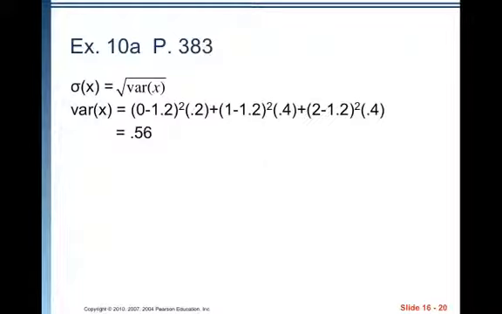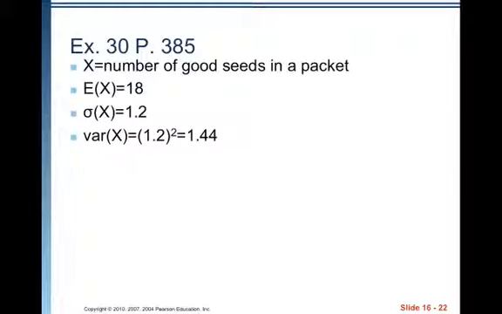So we'll have (0 minus 1.2) squared times 0.2, plus (1 minus 1.2) squared times 0.4, plus (2 minus 1.2) squared times 0.4, and that adds up to be 0.56. So that's the variance, so we need to take the square root, and that's going to be about 0.748. You need to know how to do that, both find the expected value and the variance.